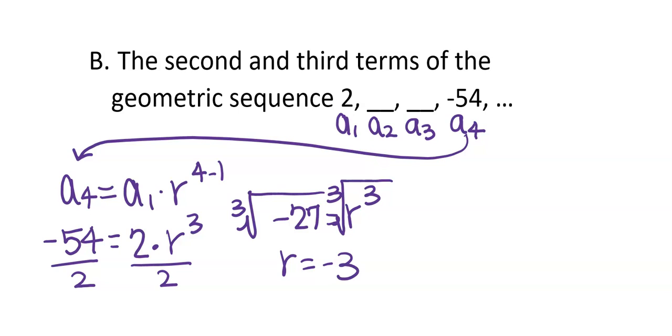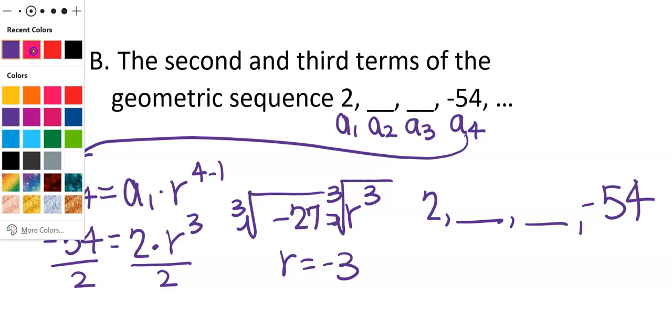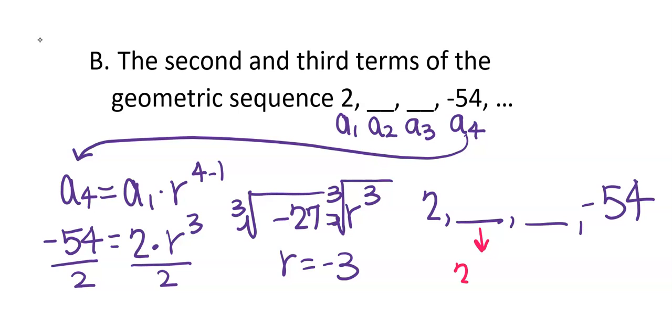So now what we do is we go back in and we fill in those spots that we needed to fill. So what we're doing is we're multiplying each of those things times negative 3. So this one would be 2 times negative 3, or negative 6. This one would be negative 6 times negative 3, or 18.